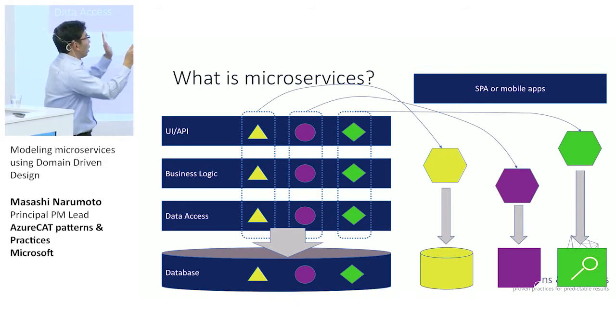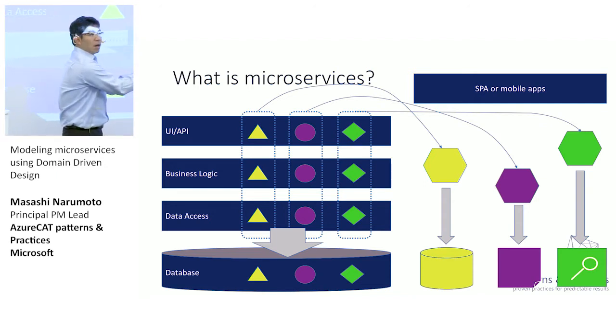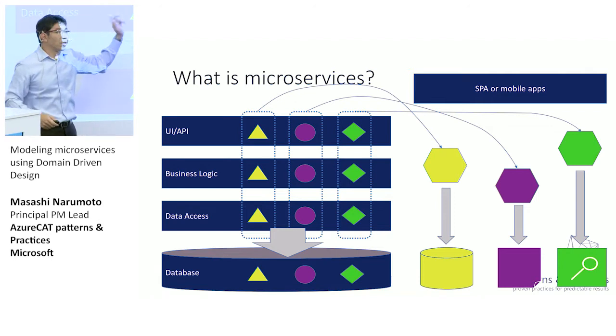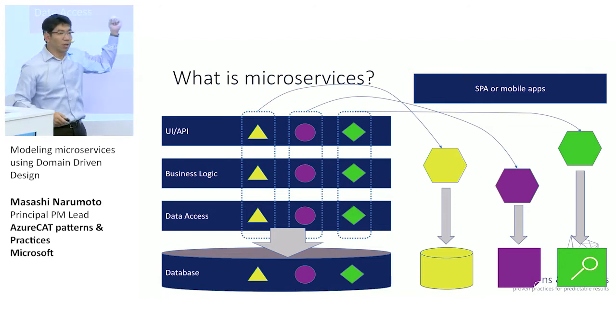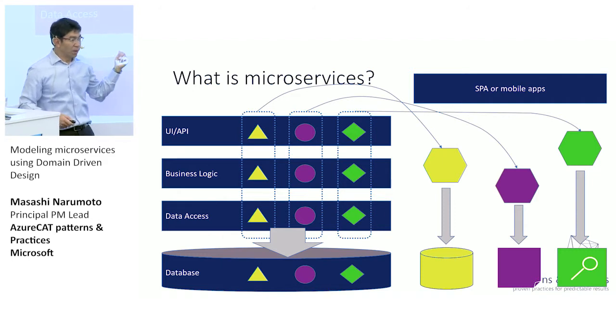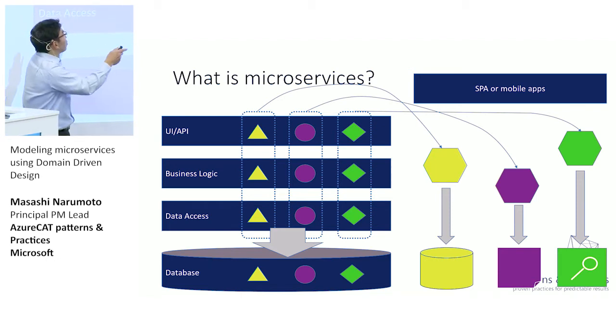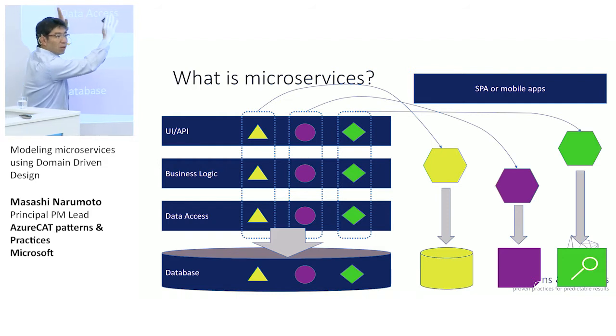So it's vertical slicing instead of horizontal layers. This is the critical difference from the traditional application architecture. And this is something you really need to understand, because lots of us are so used to the mindset of horizontal layering, right?